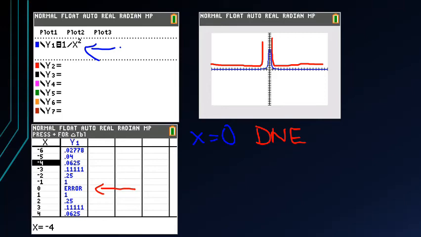And my table then proves, as I'm moving from negative infinity towards 0, I get closer and closer to moving into this positive infinity territory. And on the other side, as I'm coming down the x-axis from this direction, this will be represented going this way.